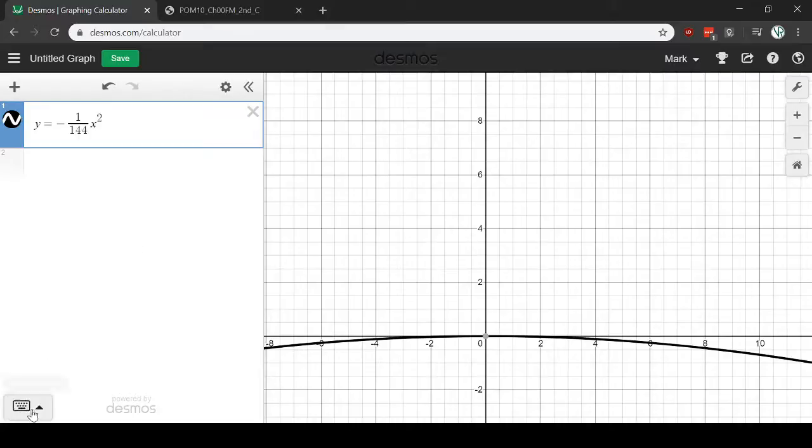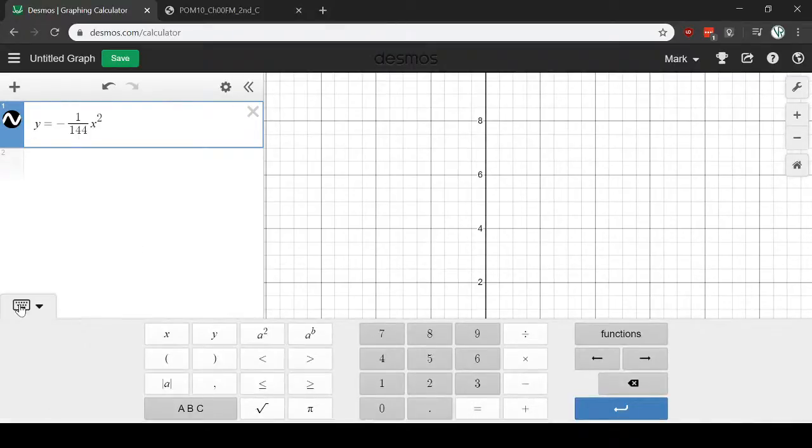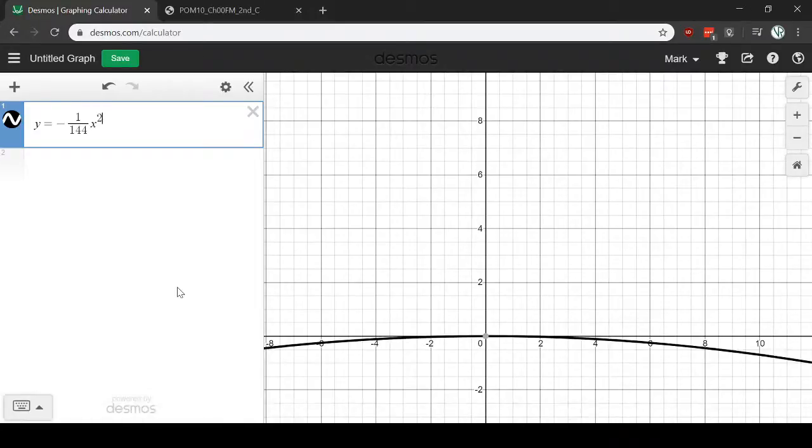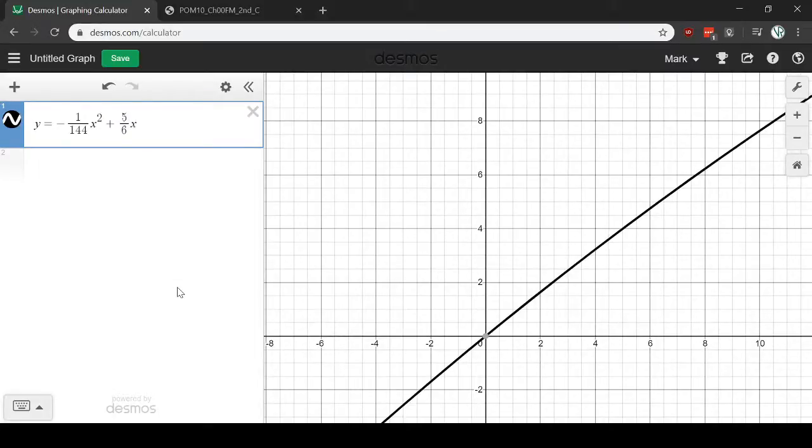If you're having trouble with this, you can use the keypad down below here, and you can add your squares and things like that. I'm just using some of the shortcut keys to do this. Plus 5 over 6 x. So there's our equation.